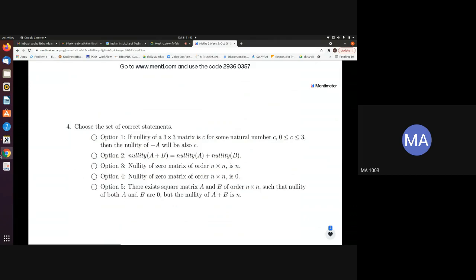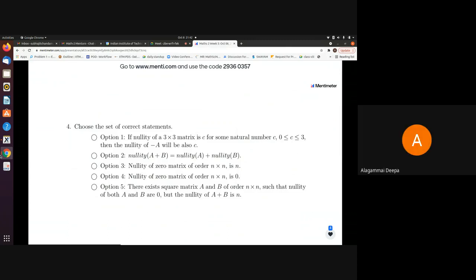What about the second one? Is it true? No, sir. Why? If it is not true, you should give me an example, right? Yes, sir. Give me an example.